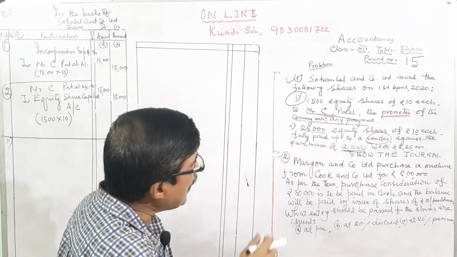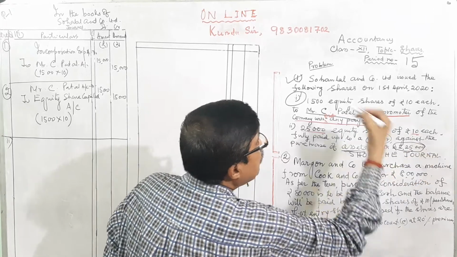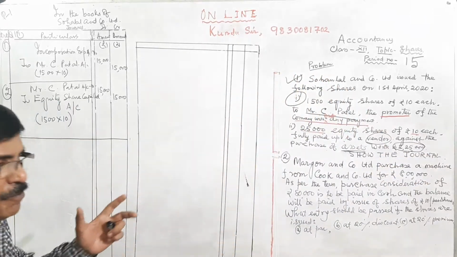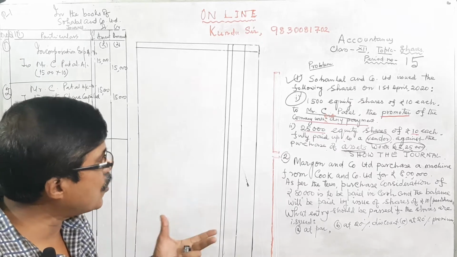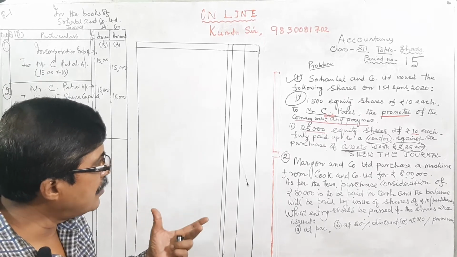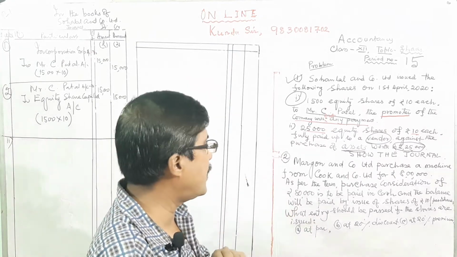Against the purchase of the asset, they are getting 2,25,000, but the shares issued are worth 2,50,000.